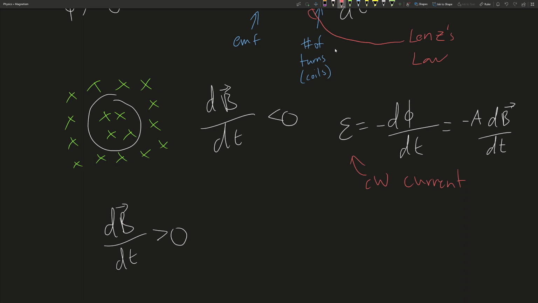But if the magnetic field strength is increasing, by Lenz's law, the induced EMF will have to counteract that increase, which means it has to produce a magnetic field in the opposite direction to counteract the increase of the original magnetic field, which means that the magnetic field is going to be pointing out of the page, and so this leads to a counterclockwise current by the right-hand rule.